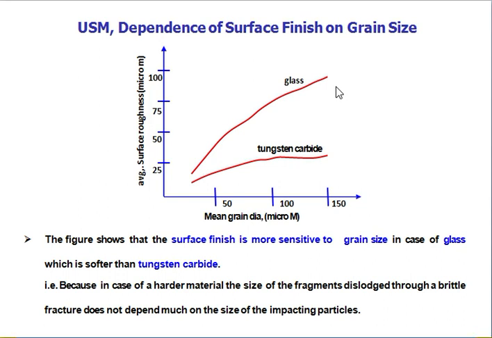Thus from this figure we can conclude that the surface finish is much more sensitive to grain size in case of glass, which is softer than tungsten carbide. Because in case of hard material, the size of the fragment dislodged through brittle fracture does not depend much on the size of the impacting particle.